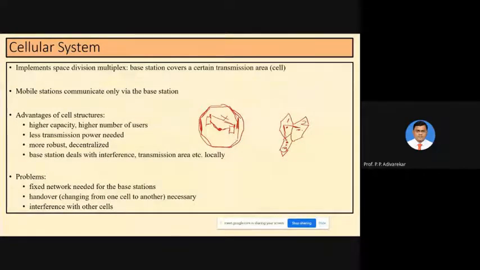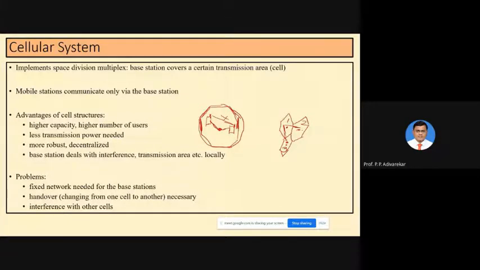Then there are certain limitations also for this cell structure. As we have seen, the entire coverage region, suppose an entire city or district or state, has a number of base stations involved.